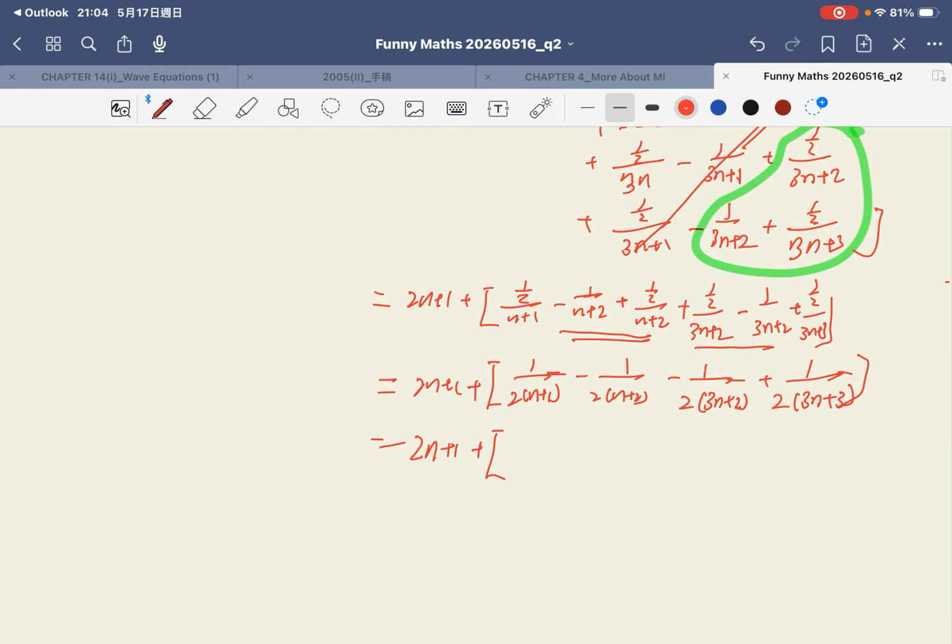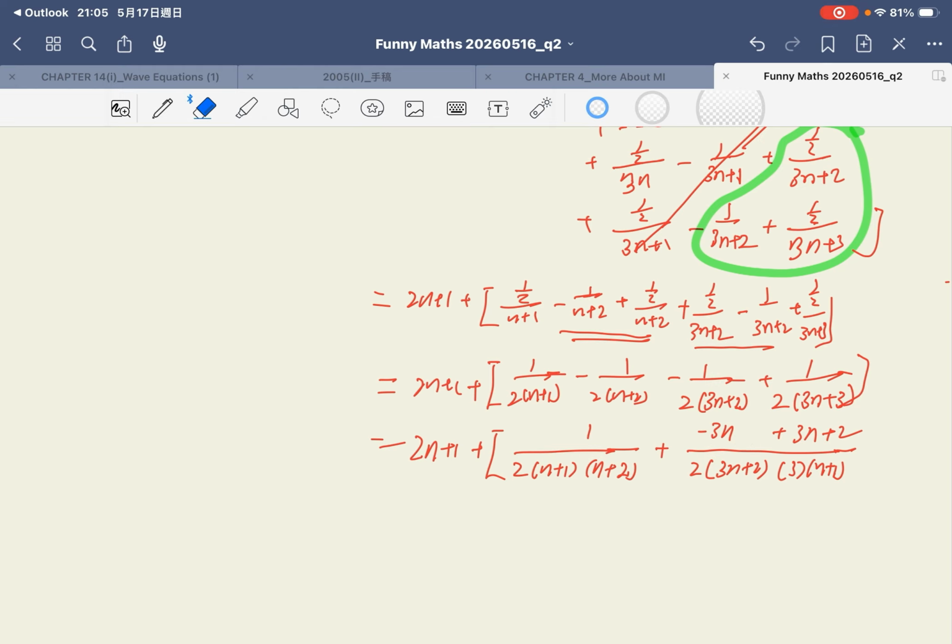These 2 terms give (2n+1), over (n+2), and n plus 2 minus n minus 1 is 1, over 2 times (n+1)(n+2). And the other term is 2 times (3n+2)(3n+1), and the last term gives negative 1.